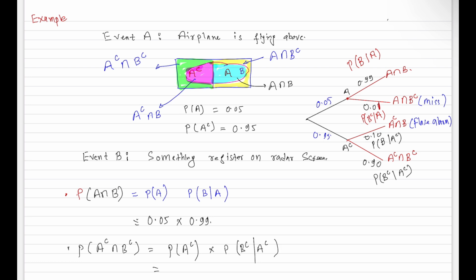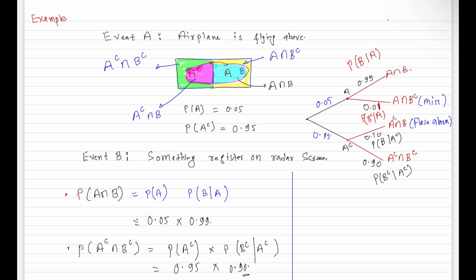These are nothing but the multiplication. How will you reach here? From here, by using this branch and this branch. You just need to multiply these probabilities, and from the multiplication rule, these are the same thing. So that is 0.95 and 0.90. This was the probability where we made use of the multiplication rule.